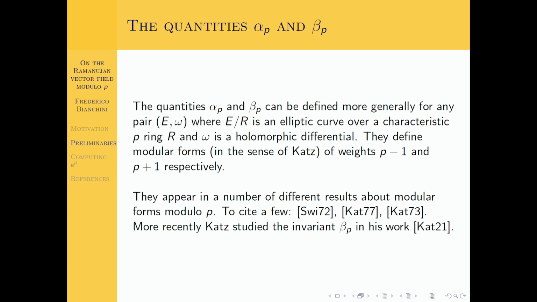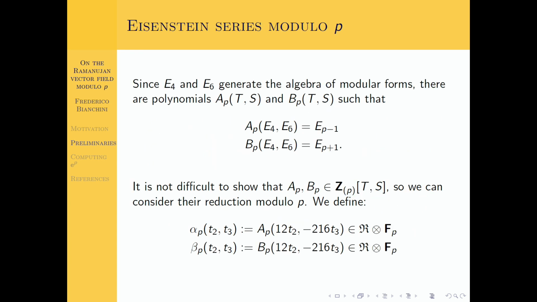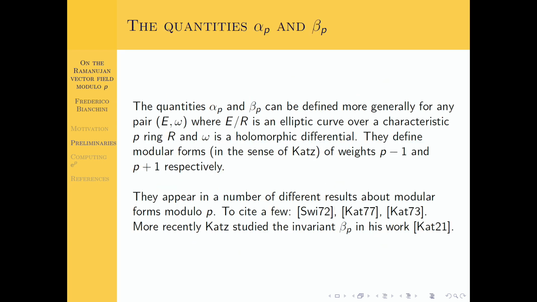These quantities, alpha_p and beta_p, in our case, are very concrete. But they can be defined more generally for any pair of an elliptic curve over a characteristic p ring and a holomorphic differential. And they define modular forms in the sense of Katz, of weights p minus 1 and p plus 1, respectively.